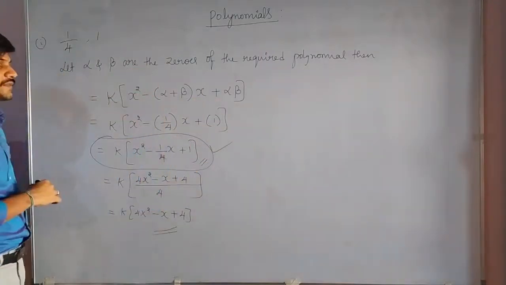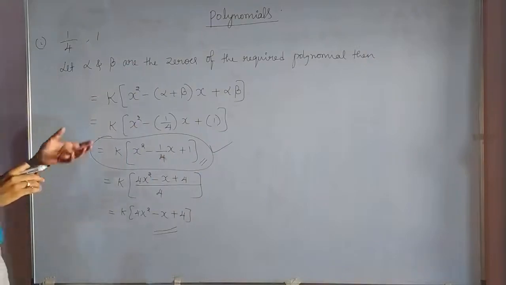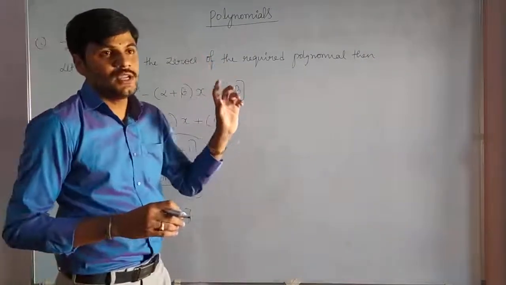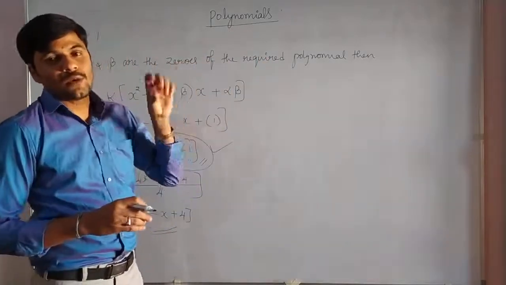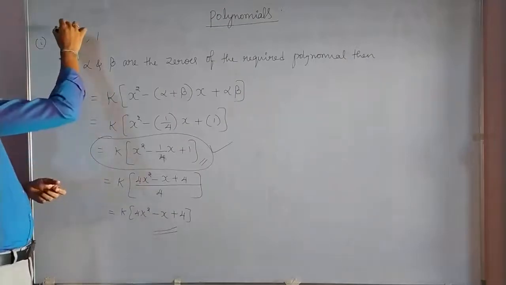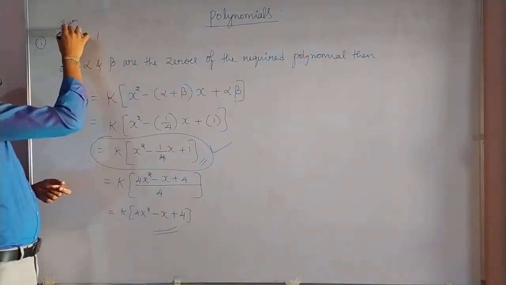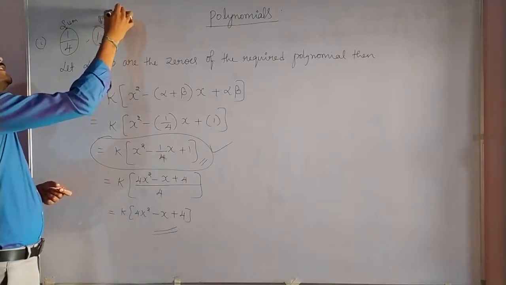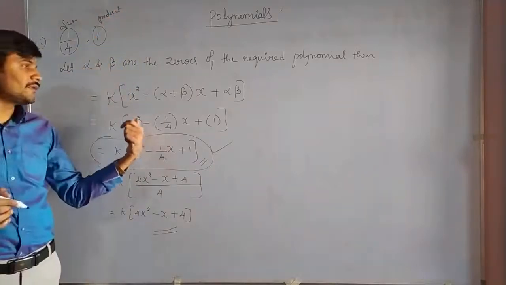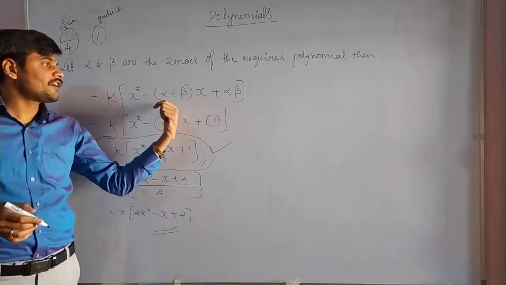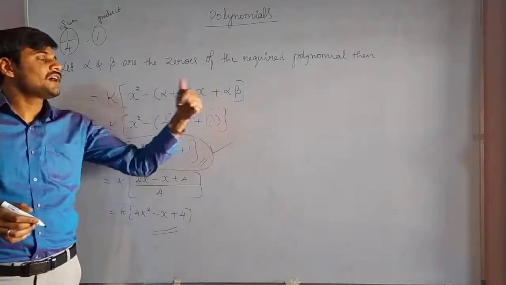This is also right. So if the polynomial is given directly, you can find the sum of the zeros using minus b by a and the product of the zeros using c by a. But here they have given directly the sum as 1 by 4 and the product, then you can find the required polynomial by using the general form k into x square minus of alpha plus beta into x plus alpha beta.